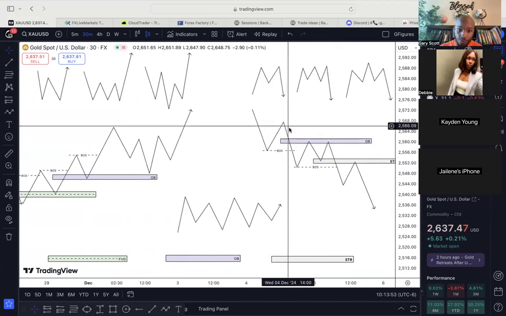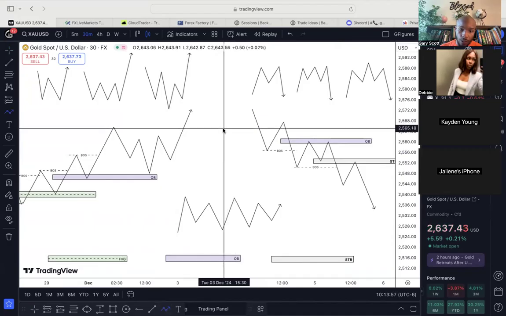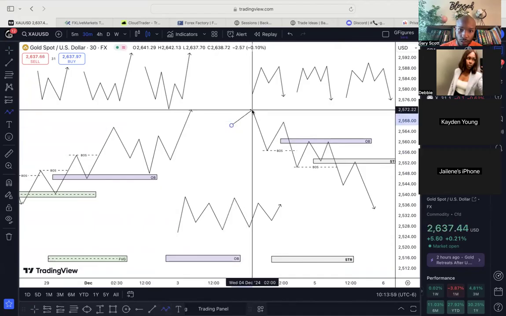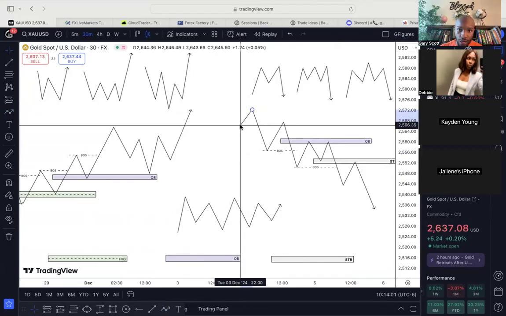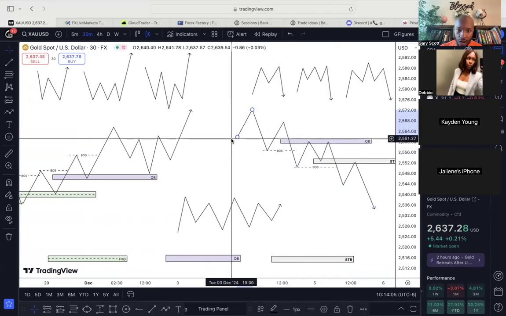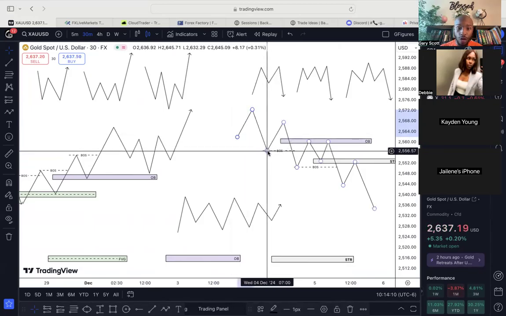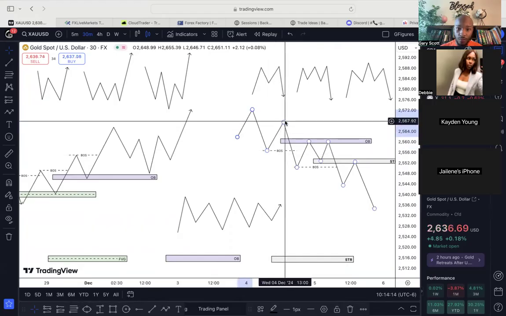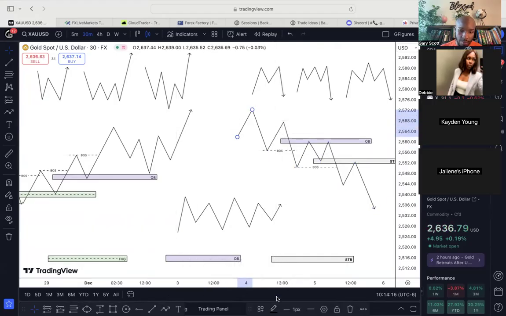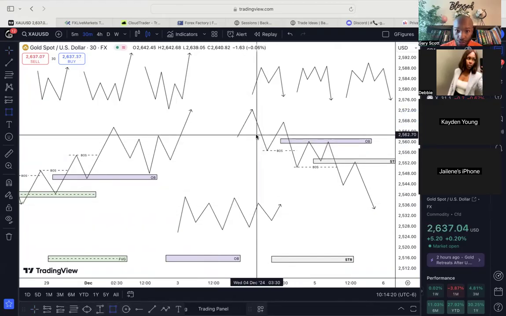So again, let's just say this was a higher low, right? And price broke this higher low. The moment that price broke that higher low, we wait for price to stop at this lower low point to then retest, right? Back to a deep area of value before it broke structure.